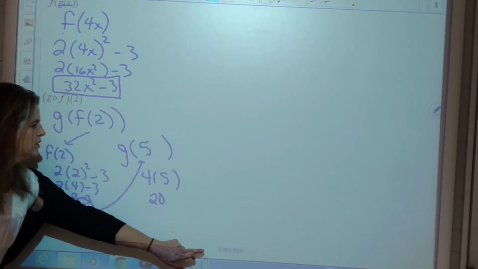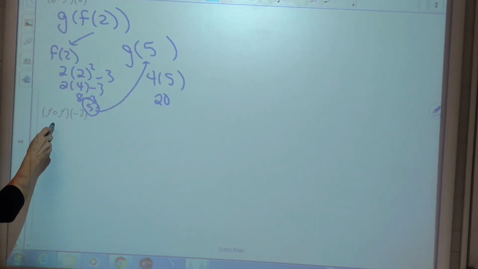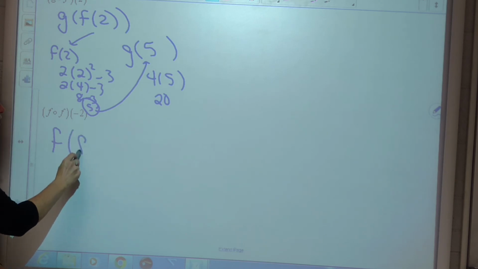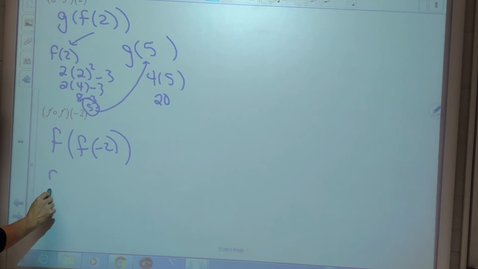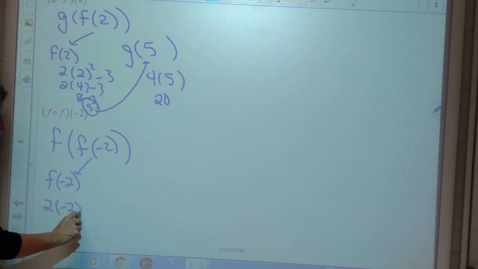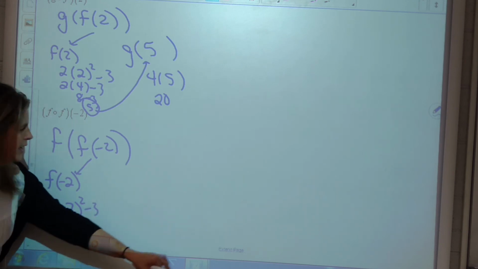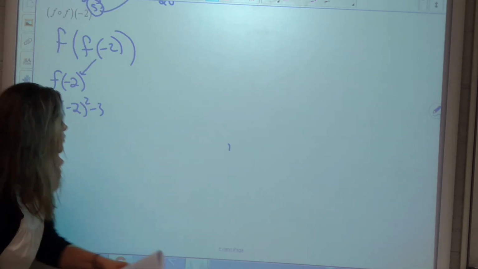Last one we're going to take a look at on here, you're going to have f of negative 2. So again, I'm going to plug negative 2 in to f. I will simply do that. That winds up being 2 times negative 2 squared minus 3. And that negative 2 has to be squared first.